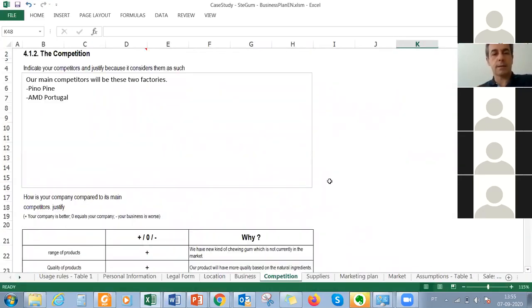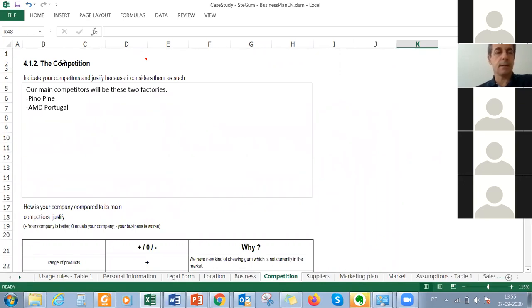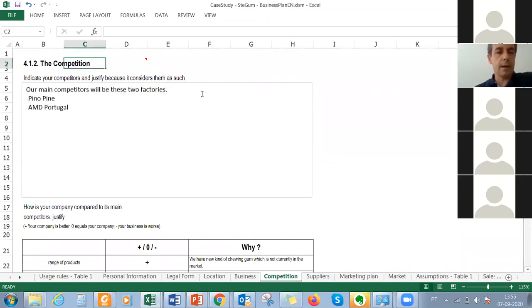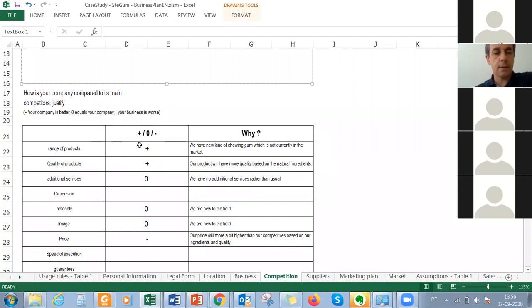They started identifying this. It's an example not so sophisticated, but for instance, in identifying competition, they did identify 2 competitors. They made an evaluation of those competitors.